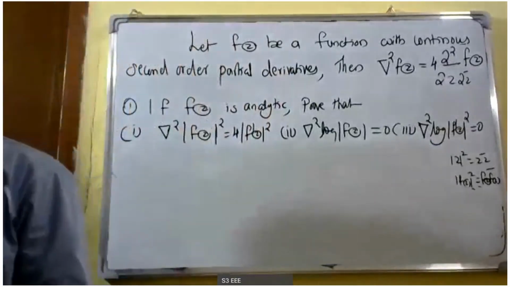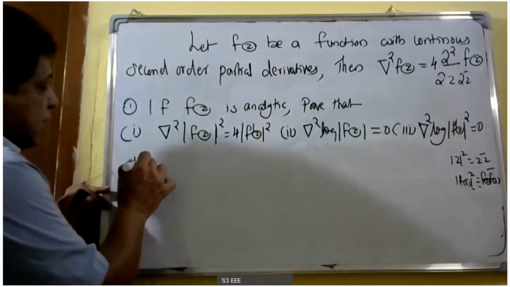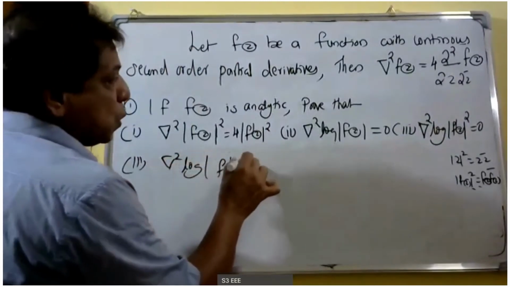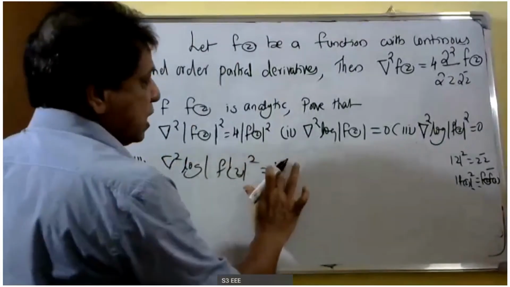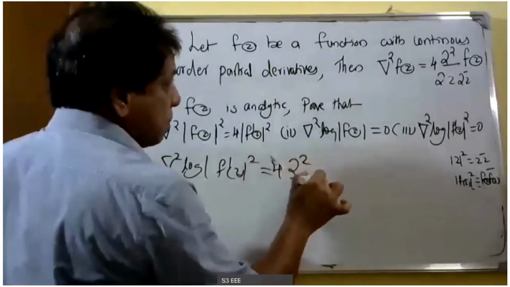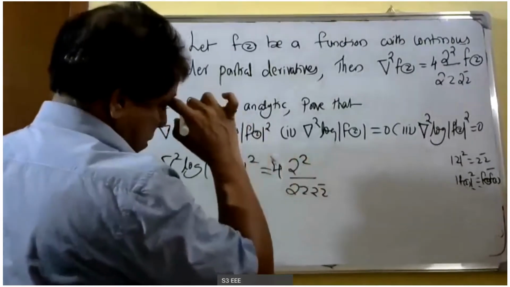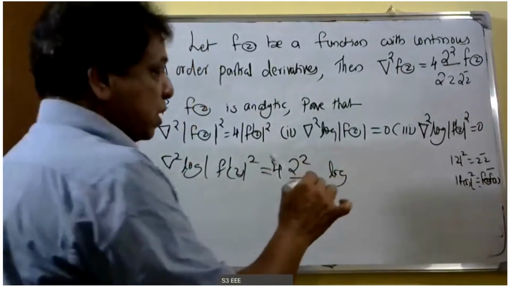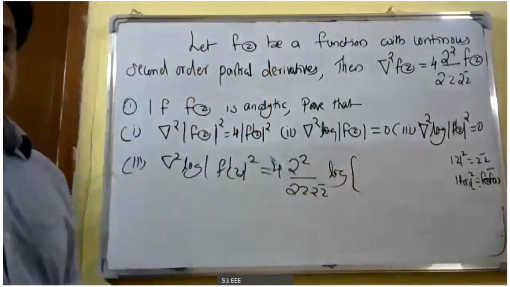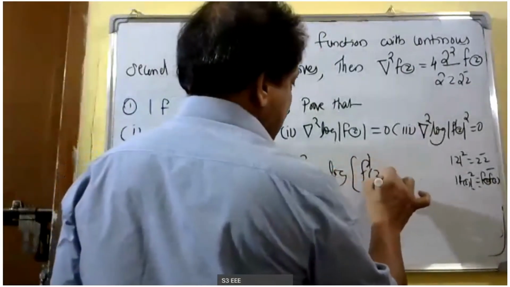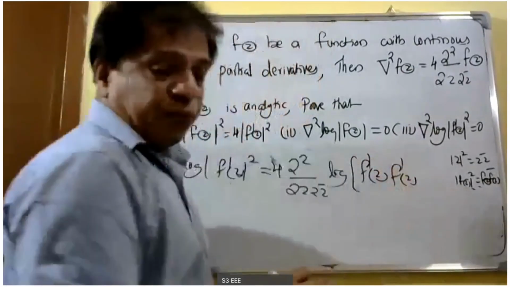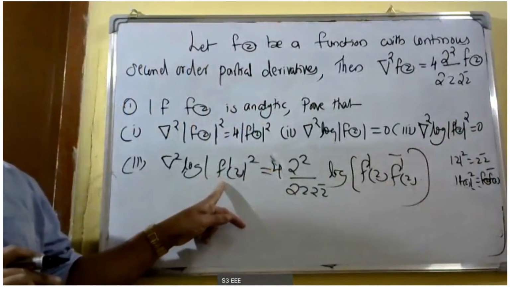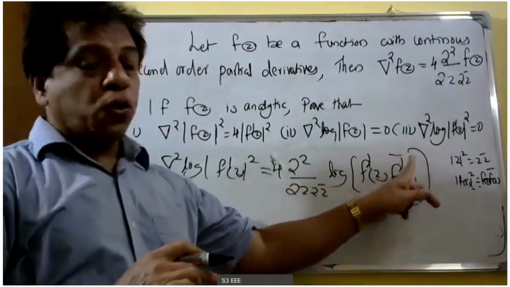The third result says that del square log mod f dash z whole square. That is, del square is equal to 4 into dou square by dou z into dou z bar. That is log modulus of f dash z square, which is equal to log f dash z into f dash z bar.